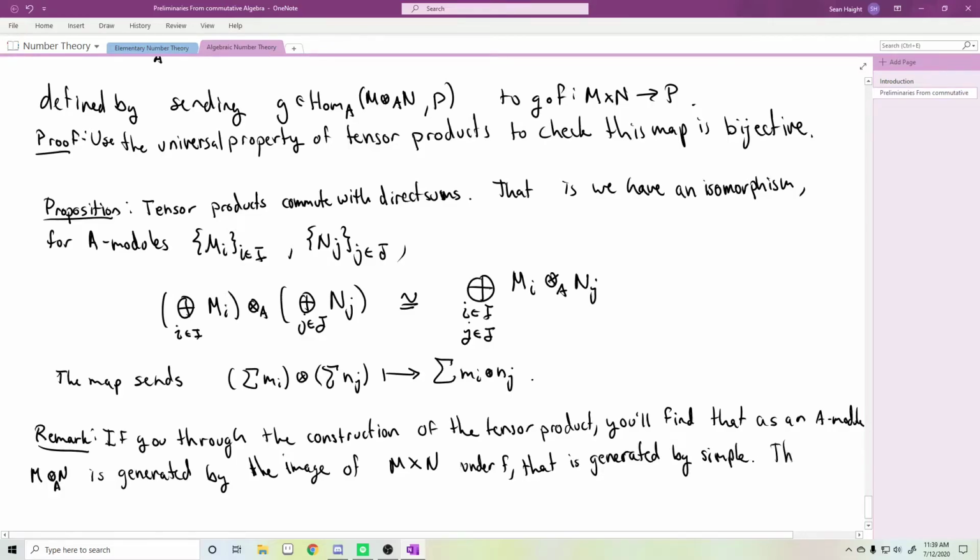Thus, to define a map out of a tensor product, I only really have to tell you what it does to the simple tensors.